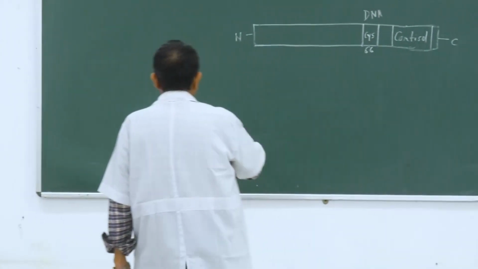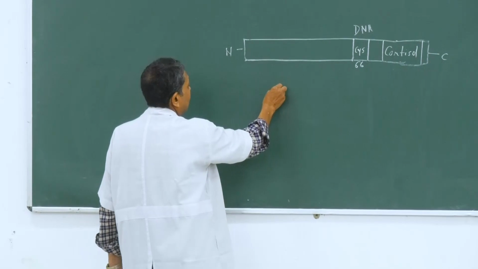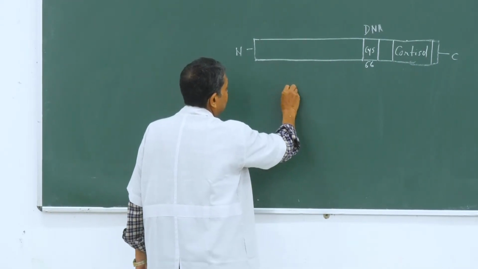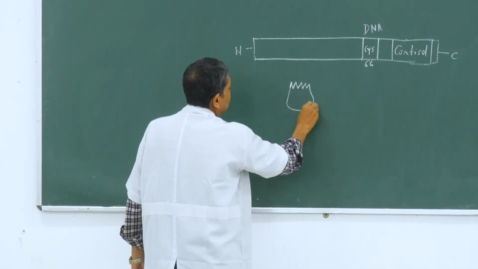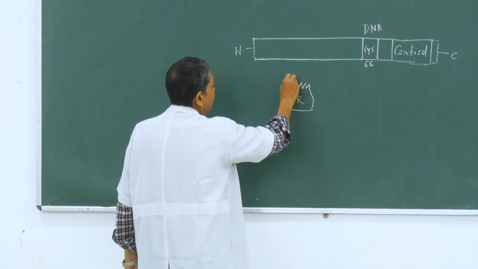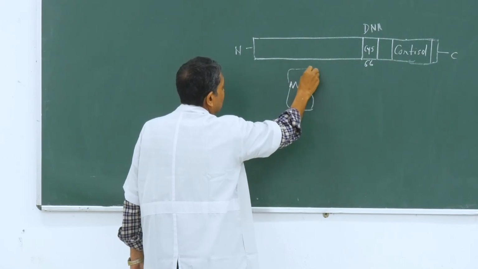Suppose this receptor has this type of structure. Suppose this is the DNA binding region. It is covered with some substance.